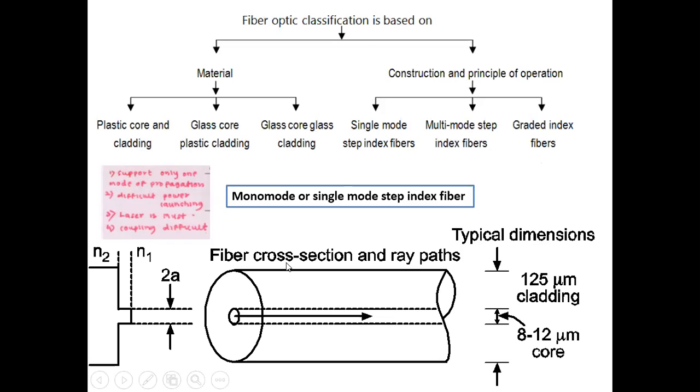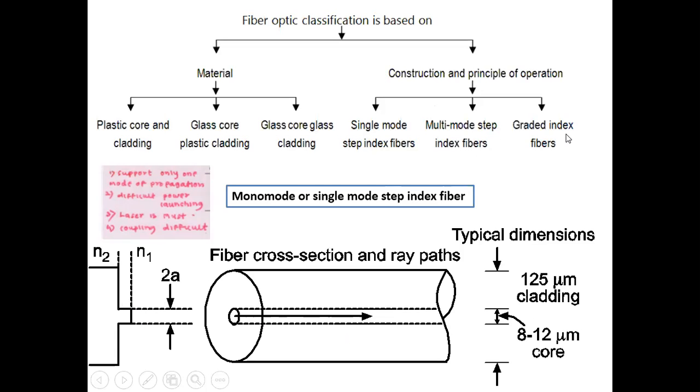Single mode means single ray, and step index means from core to clad the refractive index changes in steps, that's why it is known as step index single mode fiber. Multi-mode means instead of a single ray, you will have multiple rays, but step index, the core to clad index is changing in a step.